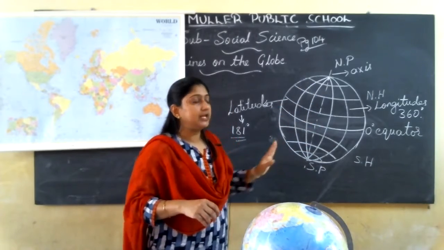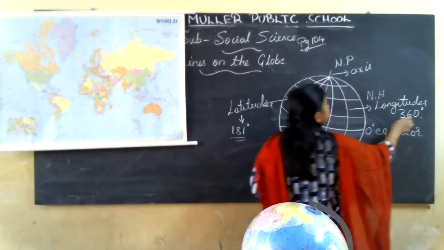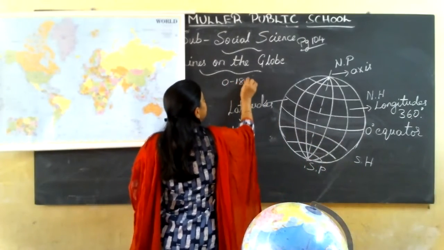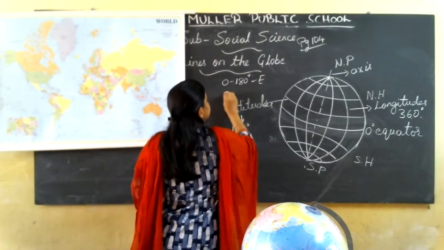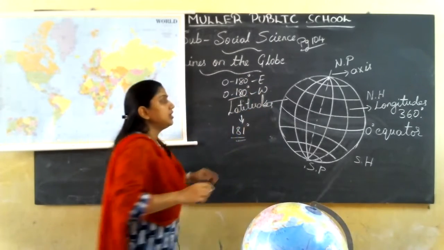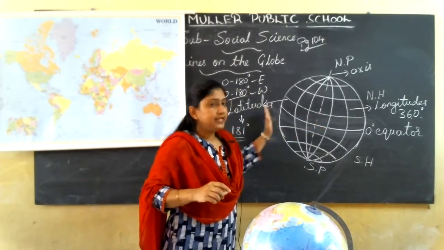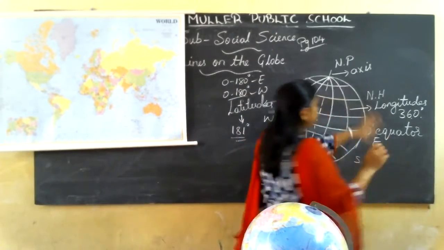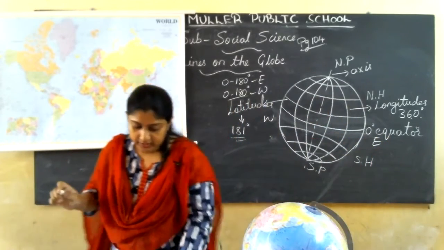They meet at the poles, and there are totally 360 lines of longitude, where 0 to 180 degrees is towards the east and 0 to 180 degrees towards the west. So 180 lines towards the west and 180 lines towards the east.